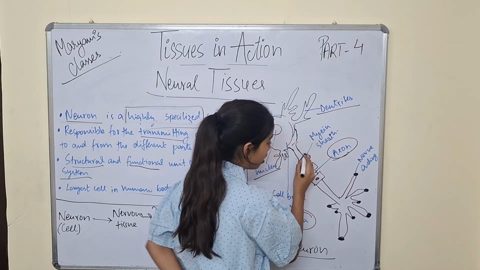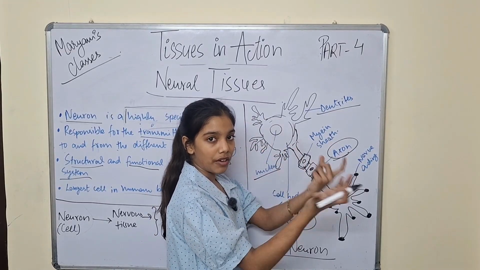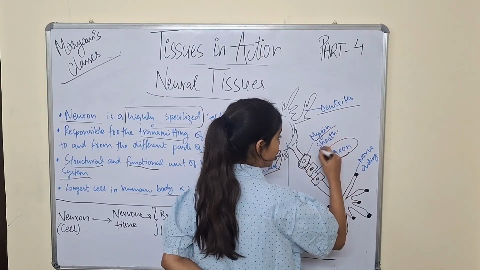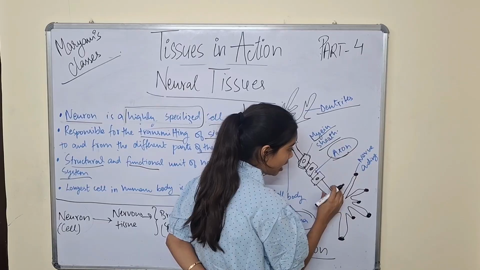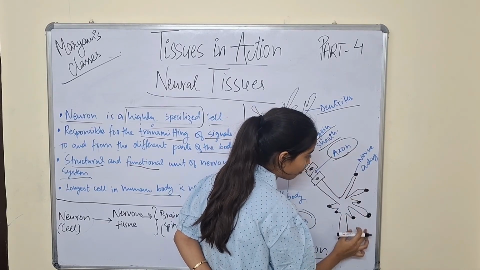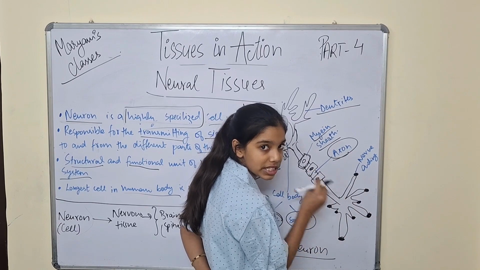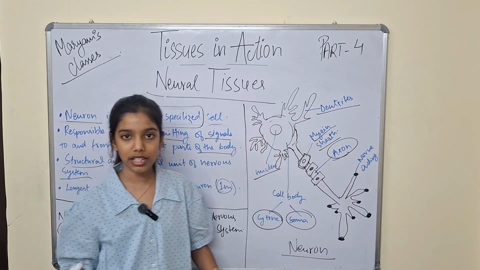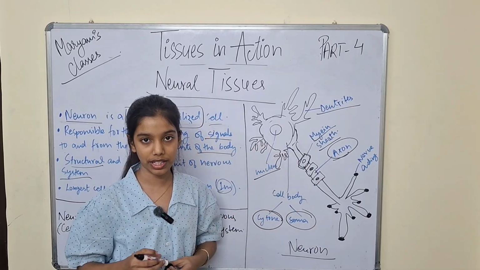And you can see something curved in 3D on the neuron stem or axon. This is known as the myelin sheath. Now after the axon we have the ending of nerves, the ending part, the ending of the signal. This is known as the nerve ending. So now let's understand the function of all these parts of the neuron cells.